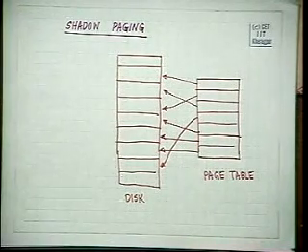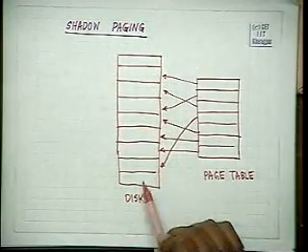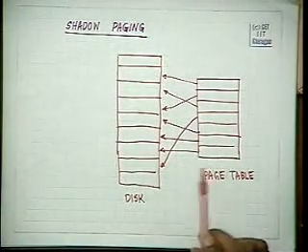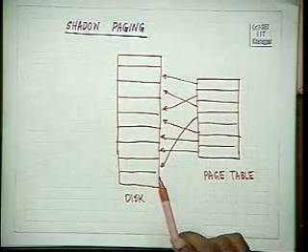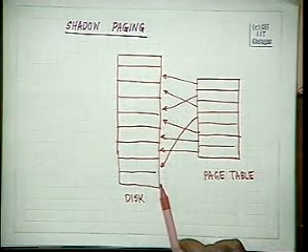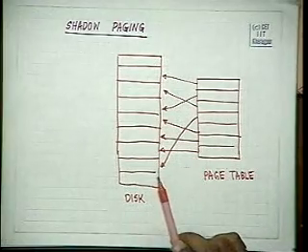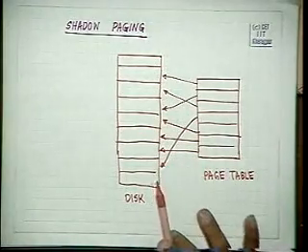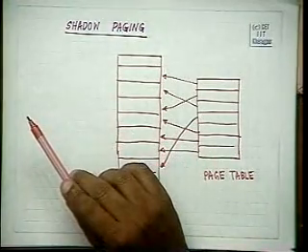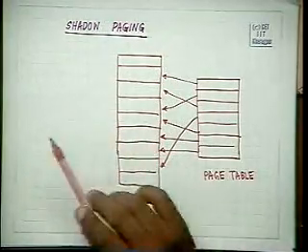Now the concept of shadow paging is, for a page which is currently being used and brought from the disk to the memory, you maintain what is called a shadow page. That is, in the disk you maintain two states of that page, in spite of immediate modification or deferred modification. One is the current page, which is the current state, and if there is any modification in the memory and it is written onto the disk immediately or after some time, that remains.